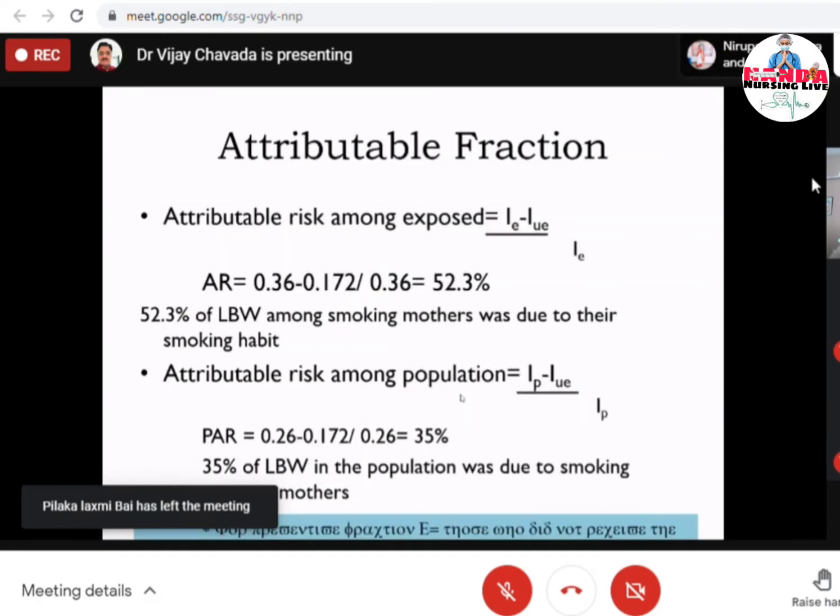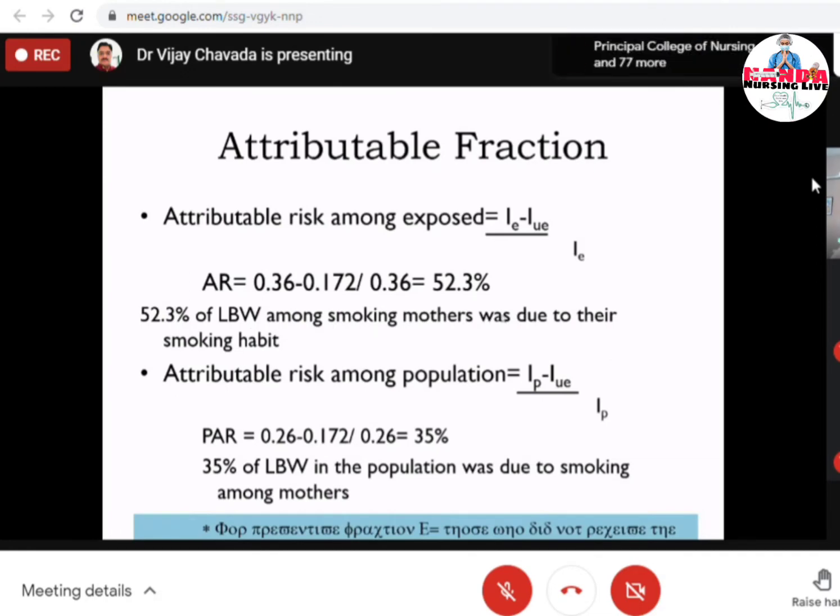Attributable risk fraction. This attributable risk fraction is given by incidence among exposed minus incidence among non-exposed divided by incidence among exposed. So here we go, it is calculated as 52.3%. The difference is 52.3% of low birth weight among smoking mothers was due to their smoking habit.